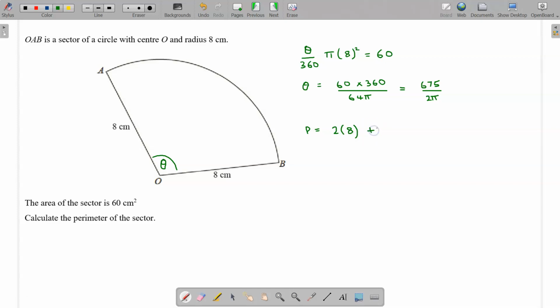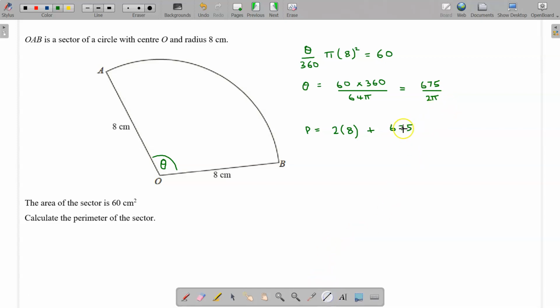The curved piece is a fraction of the circumference, which is 2 pi r, and the fraction is the angle, which we now know to be 675 over 2 pi, over 360.